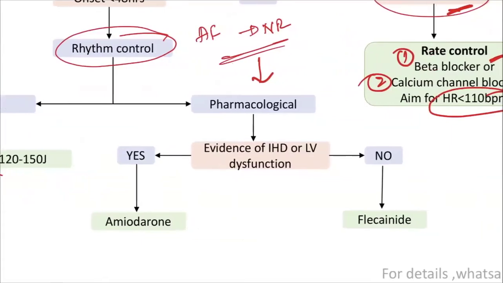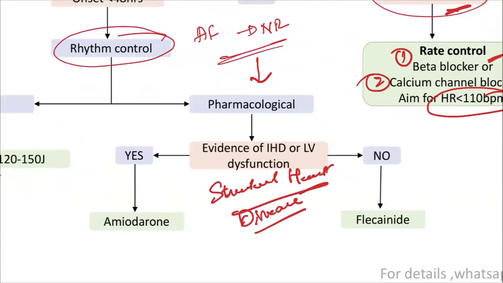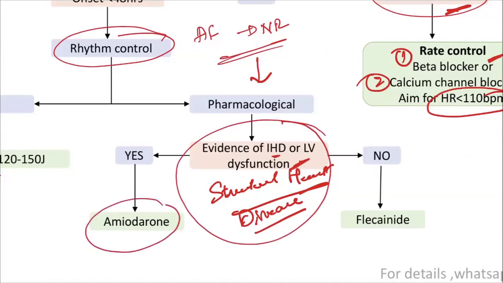For pharmacological rhythm control, what you need to look out for is any evidence of structural heart disease. If the patient is a known case of structural heart disease, or an echo scan in the stem shows it, such as a known case of ASD or VSD, a previous myocardial infarction, or an LV dysfunction where the ejection fraction is around 30-40%, then amiodarone is preferred.